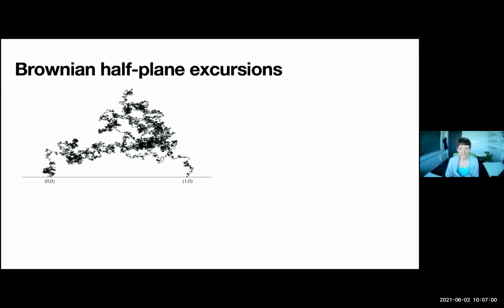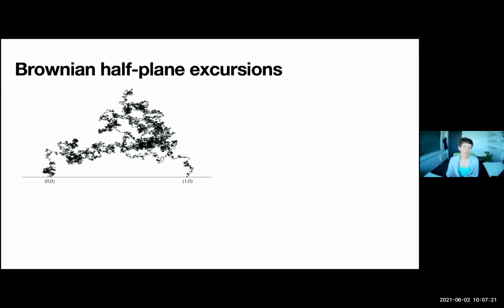It's just a planar Brownian motion, that is, two independent Brownian motions, one for each coordinate, which starts at the point (1, 0) and is conditioned to remain in the upper half plane until it first exits at the origin.